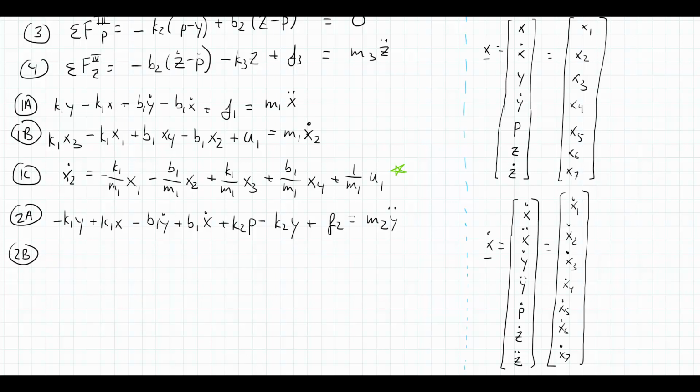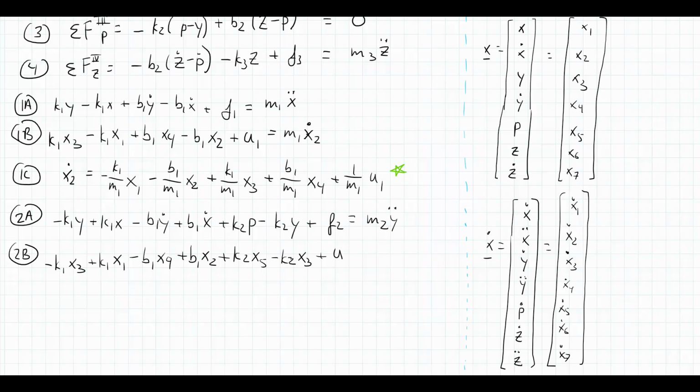2b, now I will substitute in my state variable names. So y is only x3, x is only x1, y dot, I'm choosing x4, and x dot is x2. k2p is x5. I have another y term as x3.